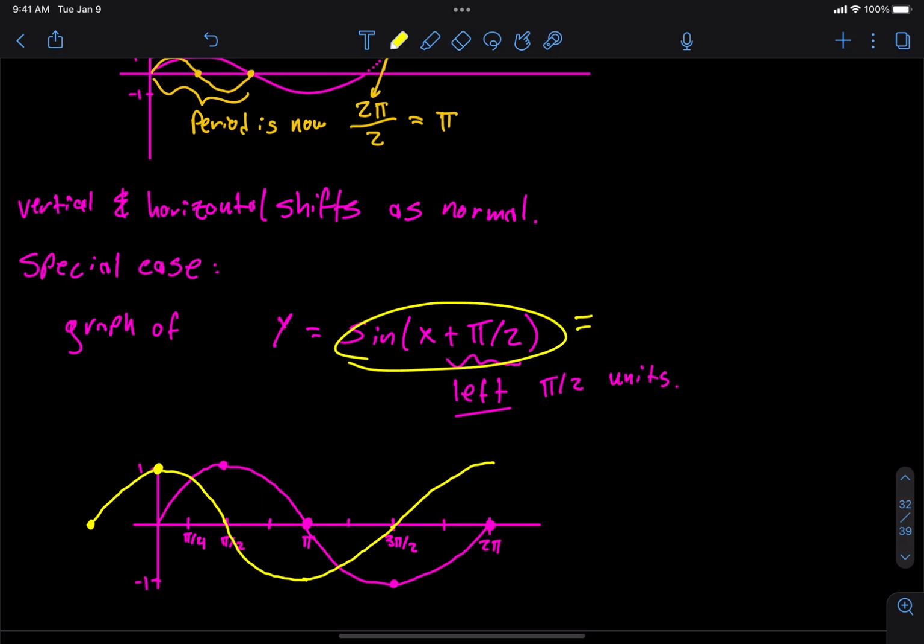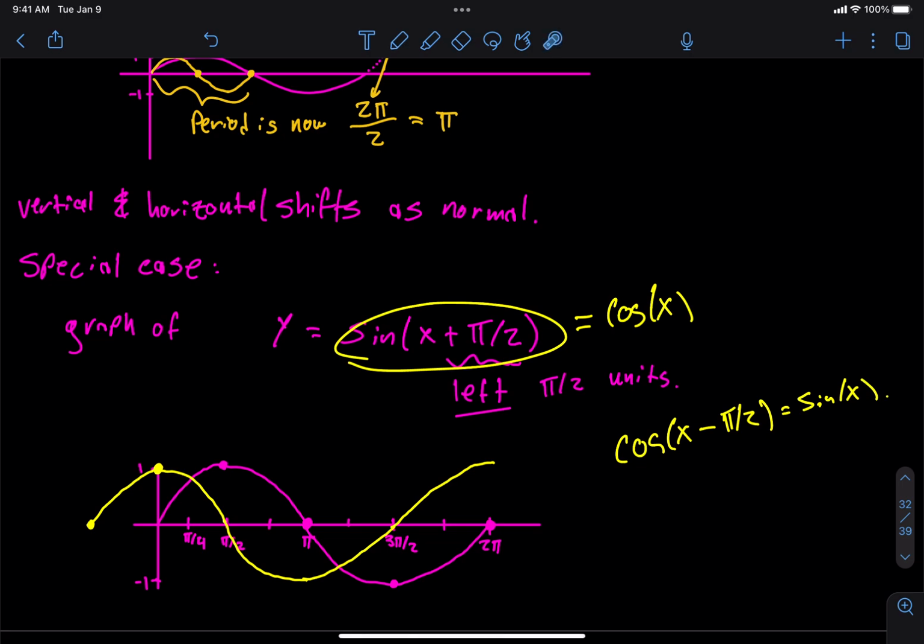So this is actually equal to cosine of x. And also, if we take cosine of x and move it to the right by pi over 2 units, what are we going to get back? We're going to get sine.